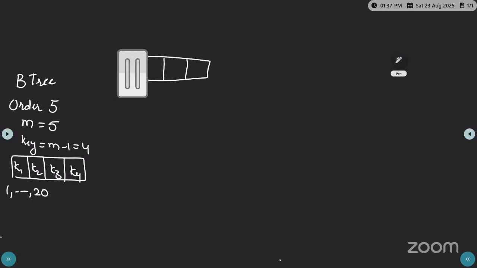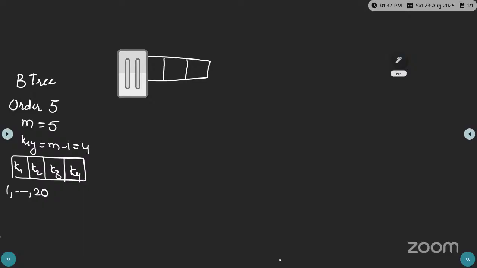Always start from 1 and 2. Always not available in sequence. Sometimes you will get 1, 9, 19, 17, 28, 32 like that. So not in the same 1 to 20 like this. But all the elements are available in sorted order. That is very important in B tree.